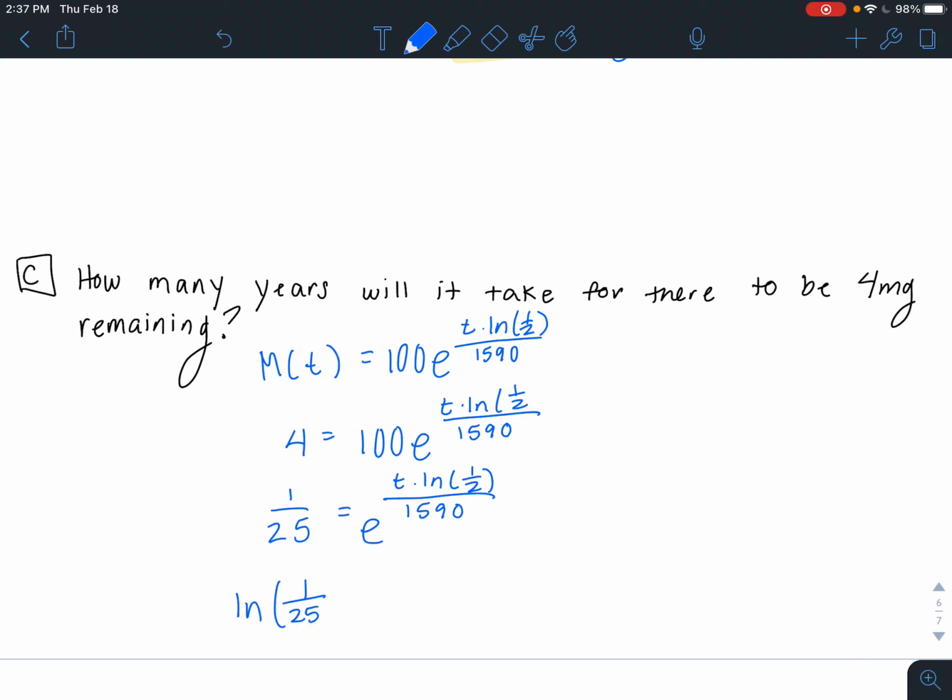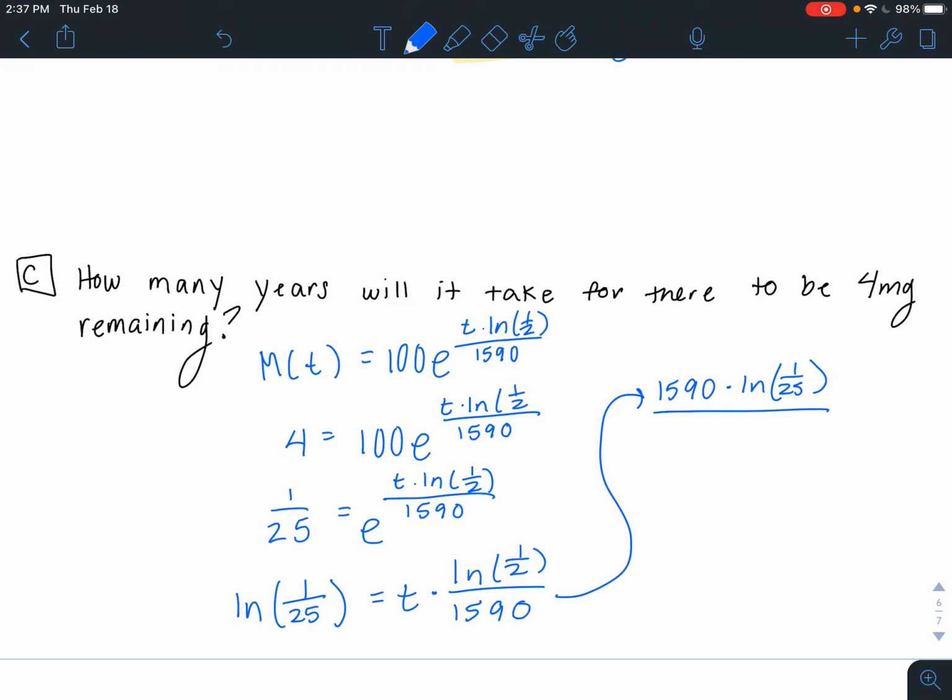Now if I rewrite this using a natural log, I get the natural log of 1 over 25 equals t times the natural log of 1/2 all over 1,590. I'm just pulling the t out to the front. Then to solve for time, I multiply by the reciprocal. So 1,590 times the natural log of 1 over 25 all over the natural log of 1/2 is going to equal my time.